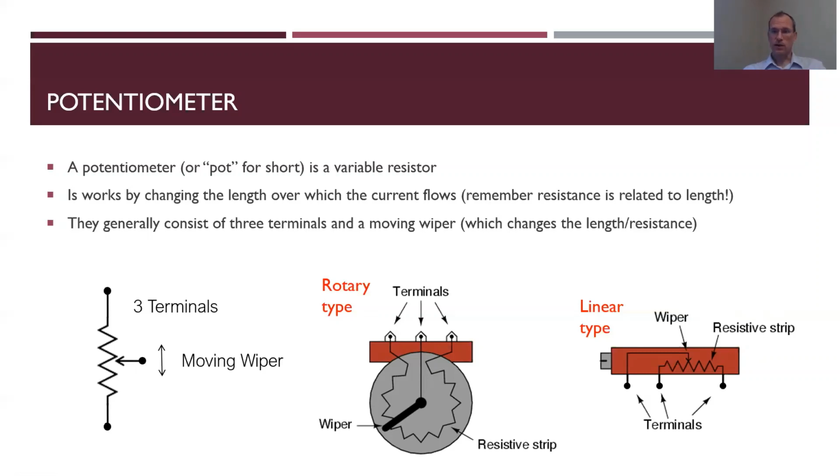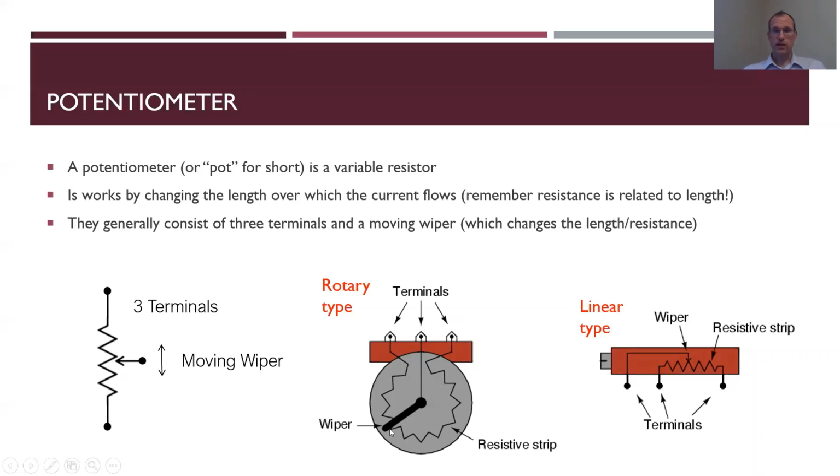So that's kind of what's happening when you're turning the knob. It's just changing where this terminal is, and that terminal changes the length. That length changes the resistance. And you can get pretty much anywhere between 0 and 10 kilo ohms, or whatever the potentiometer value is. 10 is not the only one. You can get anywhere between 0 and that number by changing the length by turning the knob.